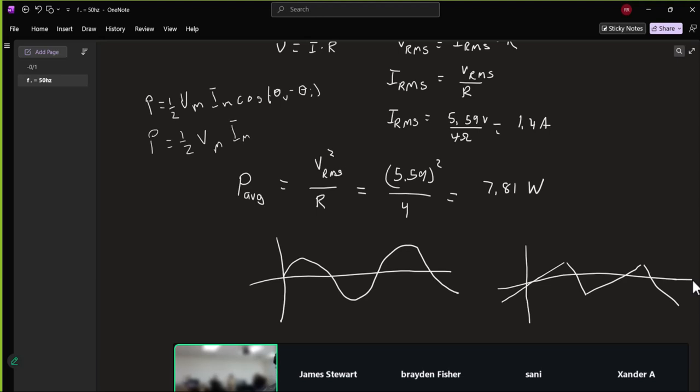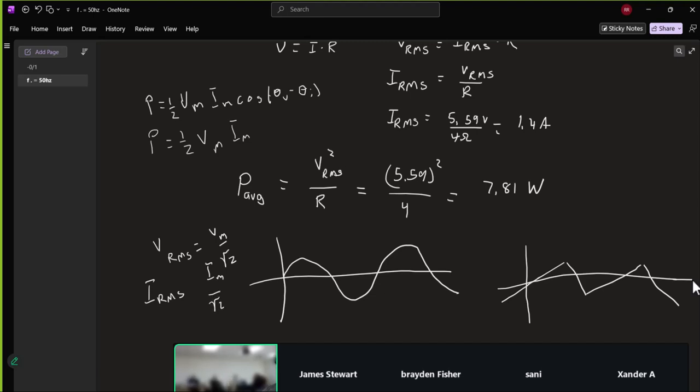So what did we say VRMS is? VRMS is V max over square root of 2, and IRMS is I max over square root of 2. Most people don't get this, and I get asked this question a lot.